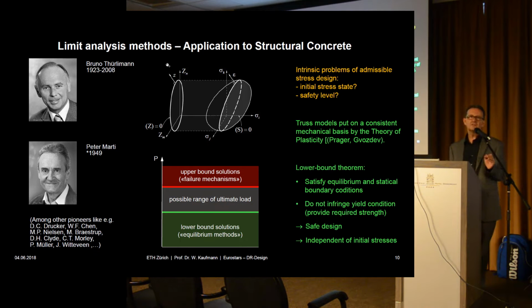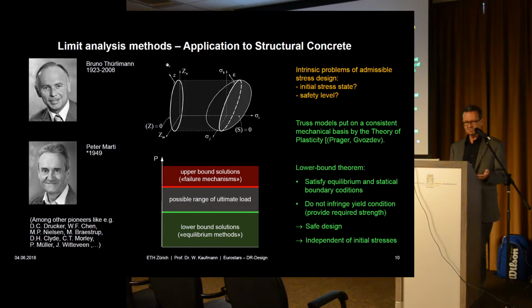Now this is okay for ideally plastic, more or less, materials like steel, but would you dare apply this to concrete when everyone knows that concrete is far from ideally plastic? Well, some guys did, and the pioneer on the top left side, the predecessor of my predecessor at ETH Zürich, Bruno Thürlimann, had done a postdoc and a position in Lehigh, where plasticity in steel structures was very advanced.